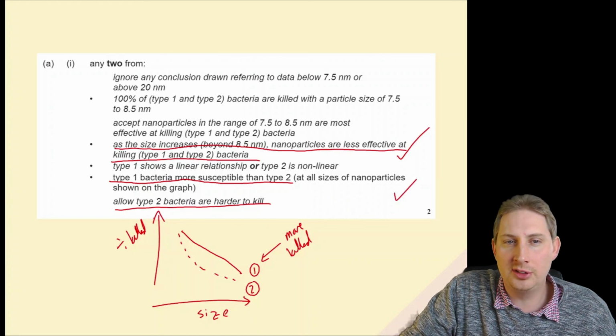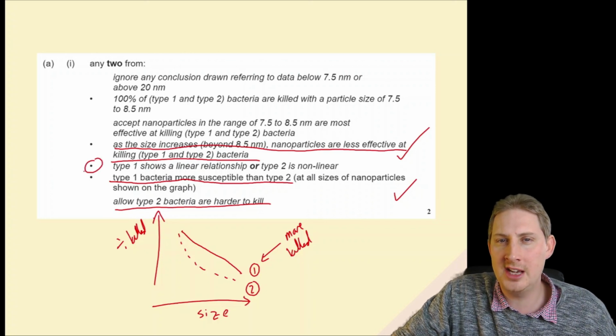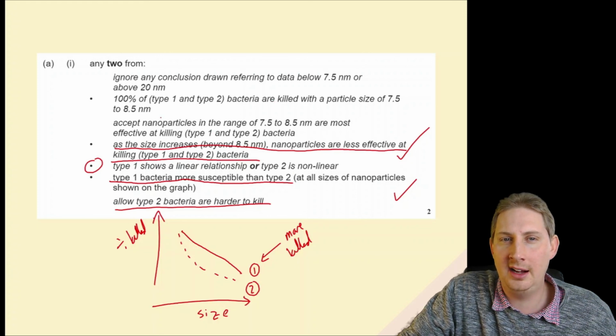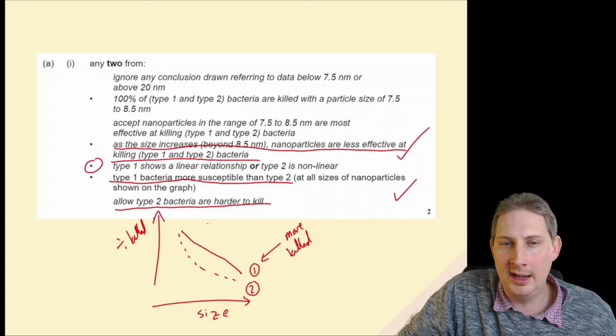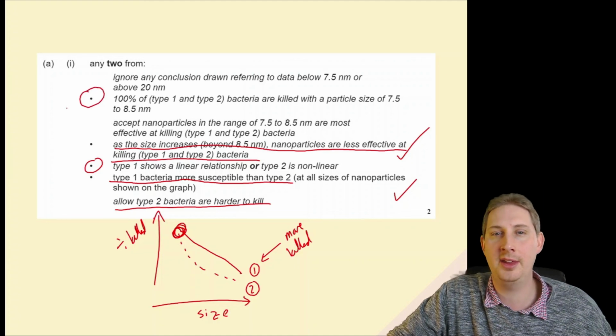The other things you could have talked about is that one of them shows a more linear relationship than the other one, or you can talk about the fact that 100% of bacteria are killed with the small particle size here. So you could be specific about that.